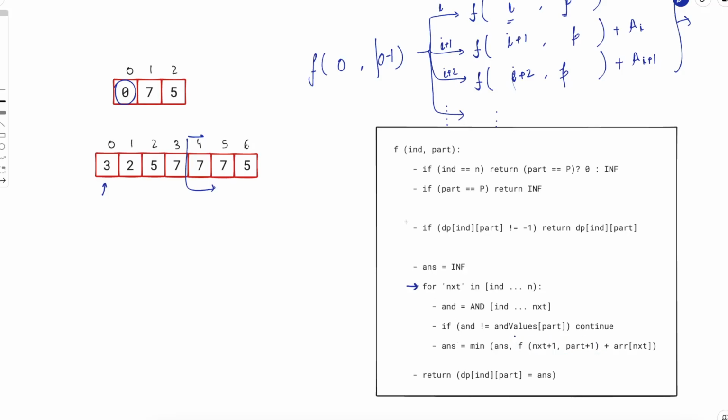Now there are some base cases. Base cases are like if you have exhausted all the elements of the original array, then you better not have any parts left. If you have some part left, let's say you are here in the parts array, and you are here in the original array.